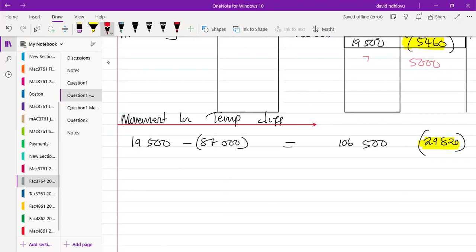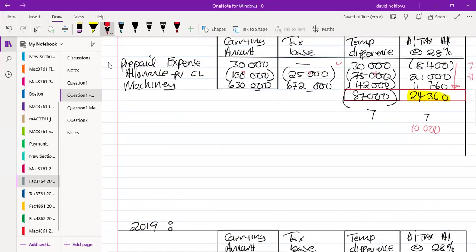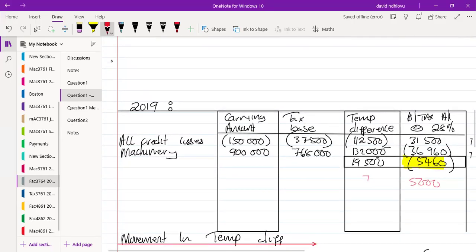Prior year deducted from the current year, or current year minus the prior year. We are saying, what is the movement? Or how much have we changed by? So it's very simple. You had a negative amount of 87. Now you have a positive amount of what? 19.5.